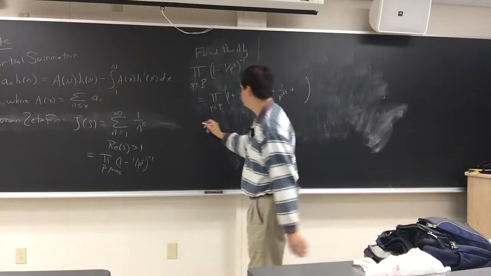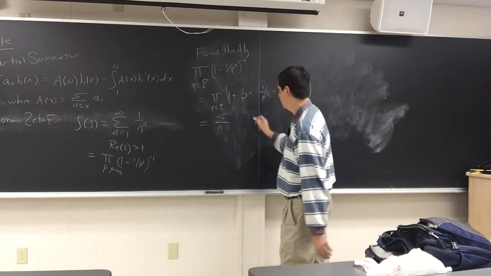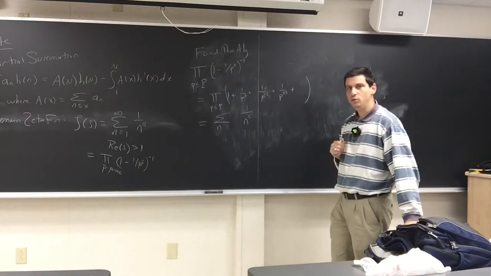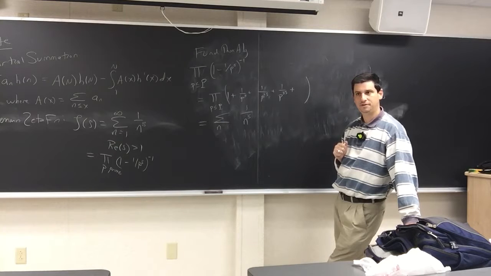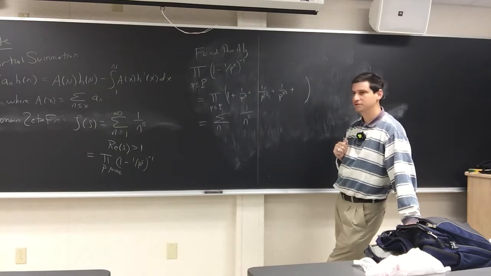So when I expand it out, I'm going to get a sum over n of things of the form 1 over n to the s. Now, which n will I get? Do I get every integer?